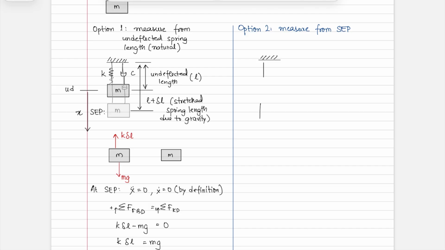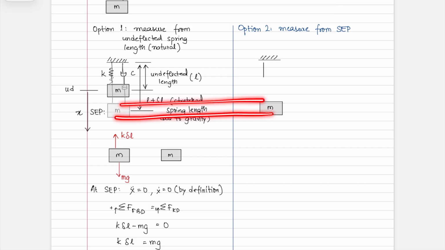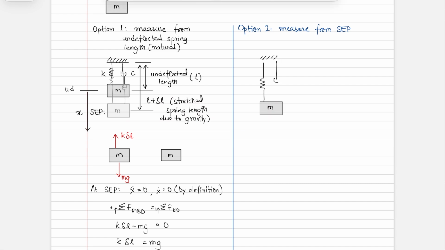So that's essentially this position here, which I'm trying to draw at the same level as what we drew on the left. Okay, so now we're measuring from the SEP instead, and you have a measurement, let's say it's Y.